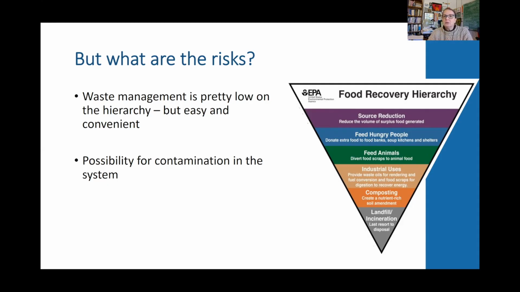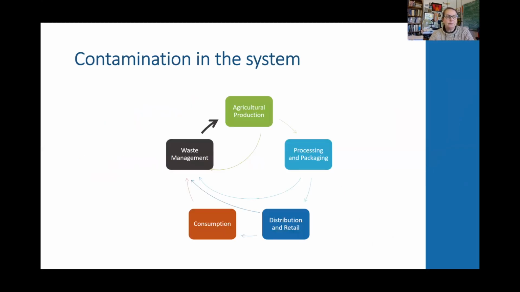But what I'm concentrating on in this talk is more the possibility for contamination in the system. So unintended or mistaken incorporation of trace contaminants that can potentially generate more risk in our food system and increase the level of contamination in our food.